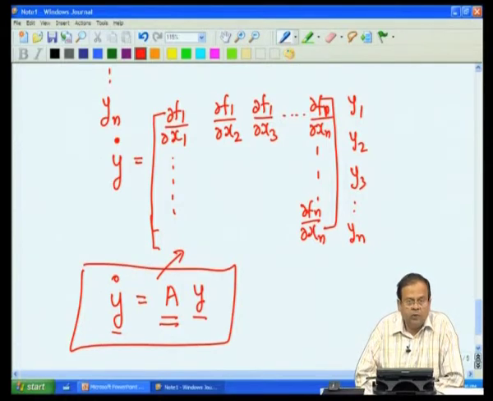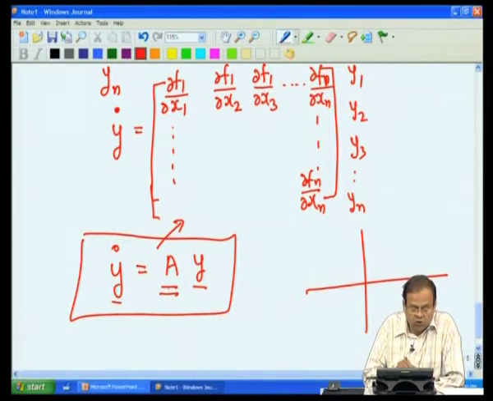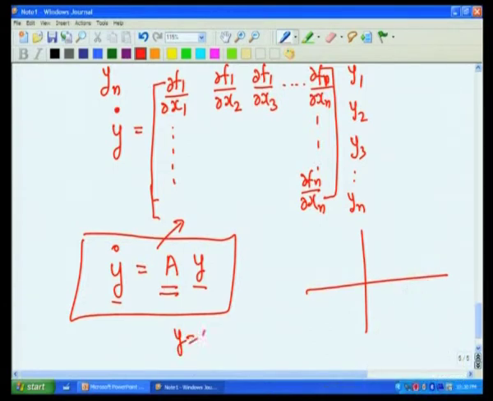So, this is my dynamics of my perturbation variable y, and I am interested in knowing what is the steady state solution of this. y is equal to 0. Remember, our y is x minus x_s. So, when x reaches a steady state x_s, my y is 0, and this will then tell me that if I start with some y of 0 having a value delta, what happens to my y of t?